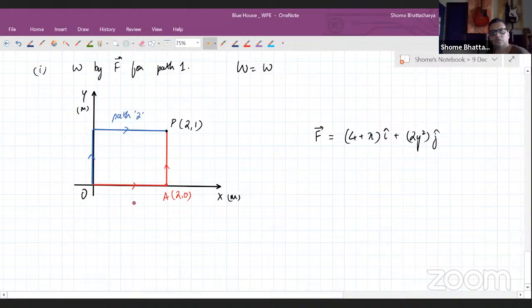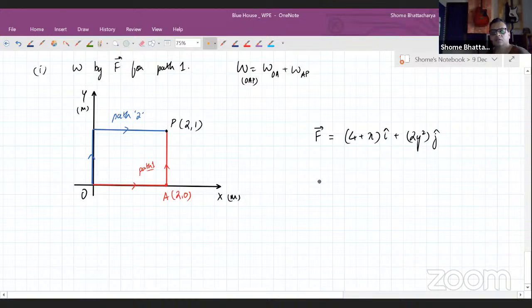So this overall thing is my path 1. During this path 1, because I'm going from O to A and then from A to P, I can divide it into two things: work done from O to A plus work done from A to P.